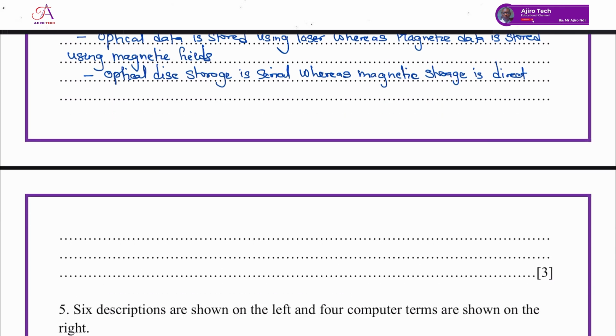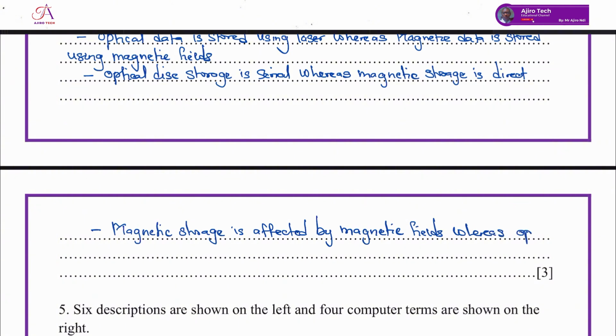Magnetic storage is affected by magnetic field, whereas optical storage is not.